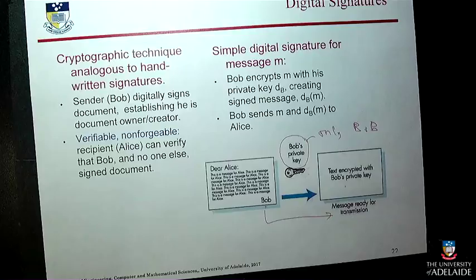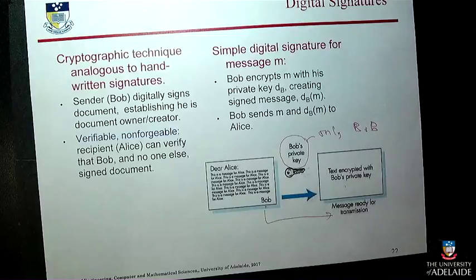Now, it's easy to verify that it's Bob. All we need to do is use Bob's public key, which is available to everyone. So anything that Bob has signed can be verified simply by using Bob's public key.